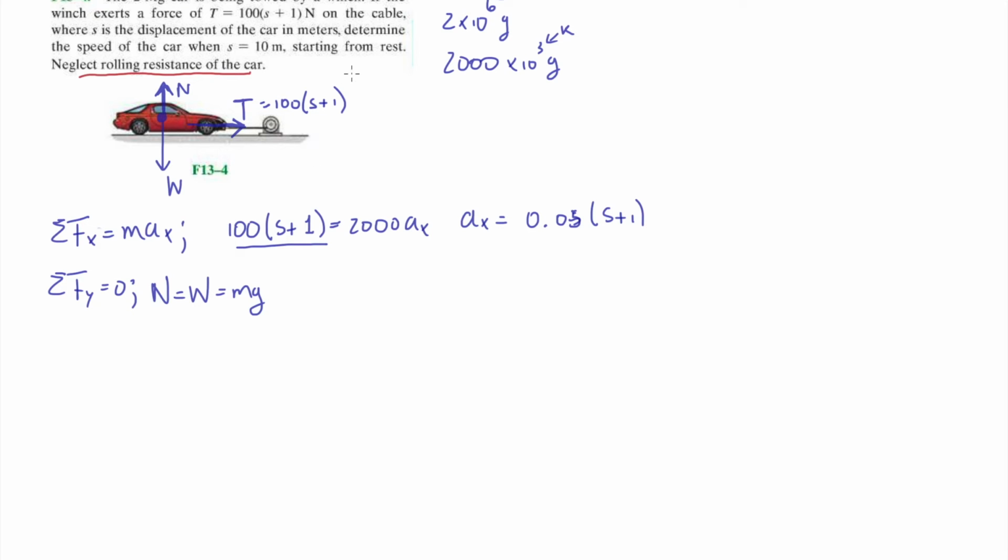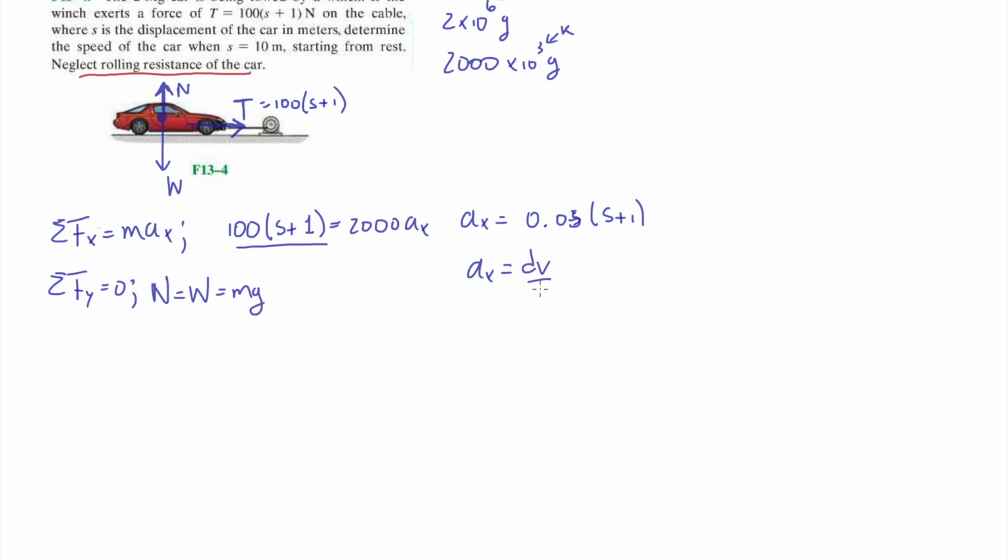We want to determine the speed of the car when s equals 10 meters. We're not going to just plug in 10 here, get the acceleration, and use one of the equations we used to use, because again, this is not a constant acceleration problem. So we're going to do some integration.